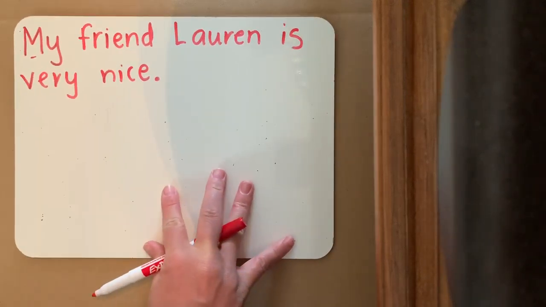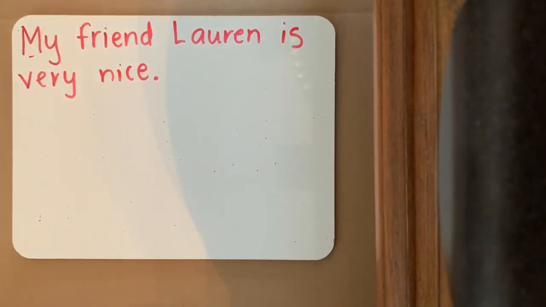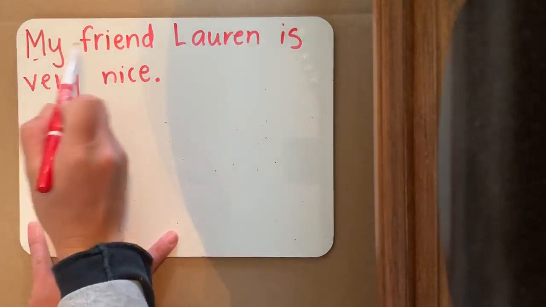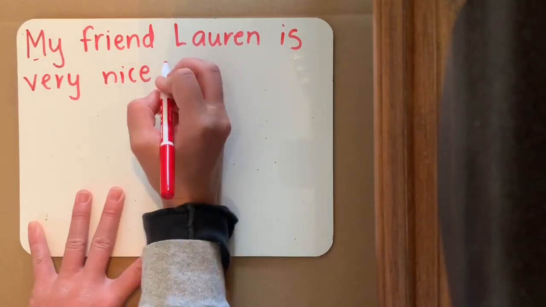Now I'm going to explain to you why she is nice. Lauren always helps me when I need it. So I'm going to write that. She's a very good helpful friend. So my friend Lauren is very nice.